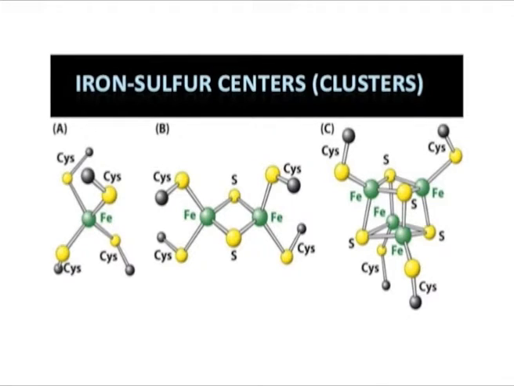Electrons and protons are then passed to iron sulfur clusters in iron sulfur proteins or non-heme iron proteins within the complex, which change from Fe3+ ferric state to Fe2+ ferrous state when accepting an electron.